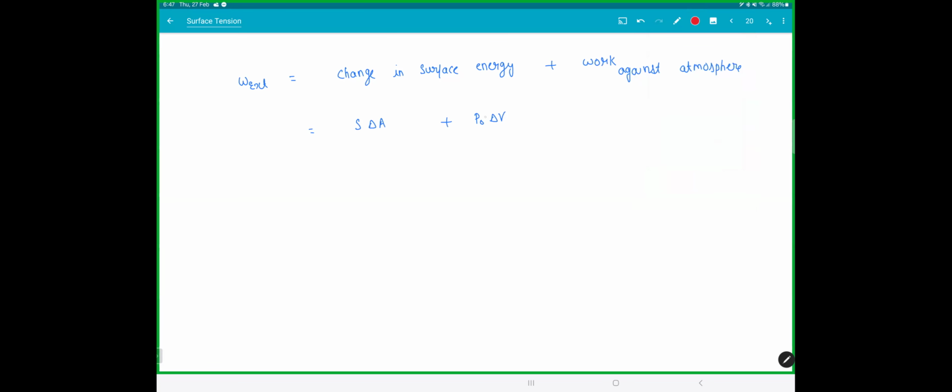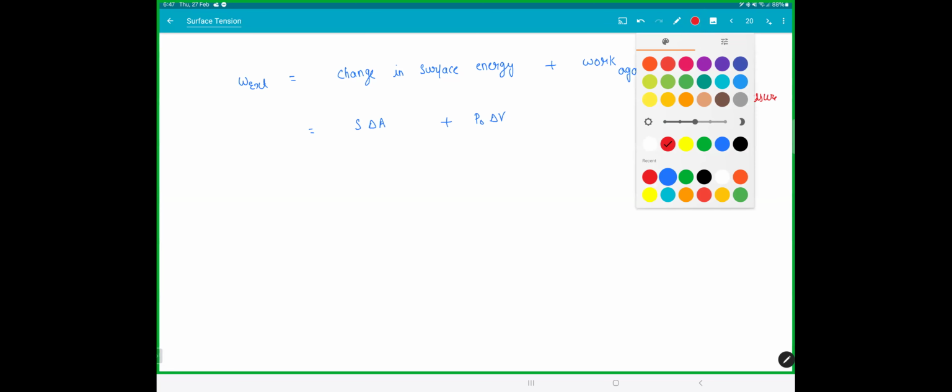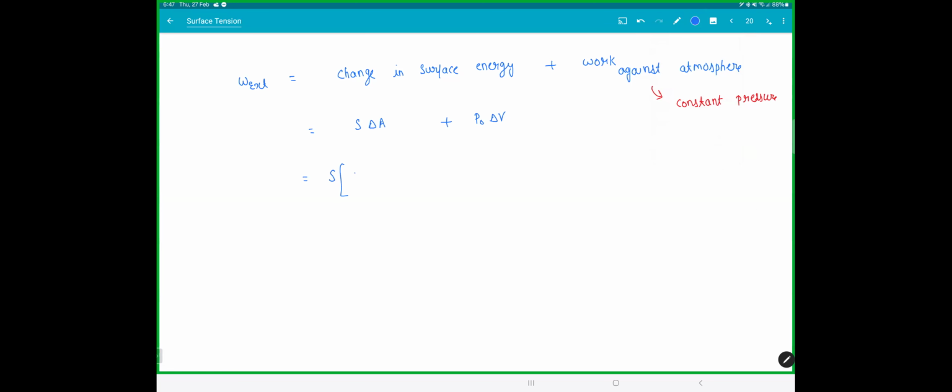Since the pressure is constant, you're pushing, so it's pressure into delta V. So the surface area change will be 4 pi, final minus initial, (2r) whole square minus 4 pi r square, plus P naught into 4 by 3 pi (2r) whole cube minus 4 by 3 pi r cube. Simplify this. Remember, there's only one surface, so into 2 we won't take.